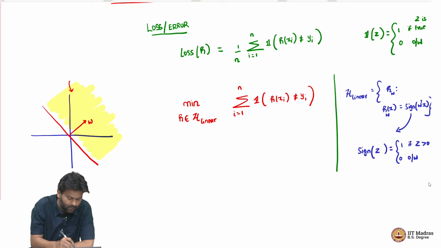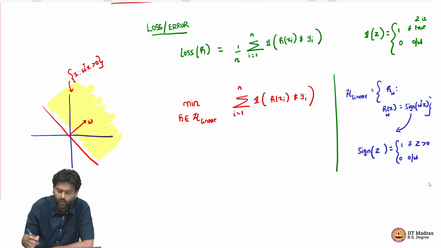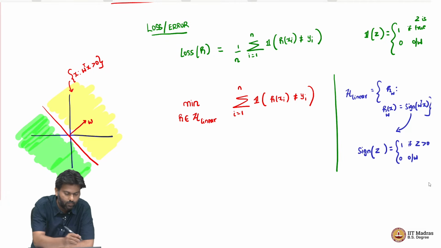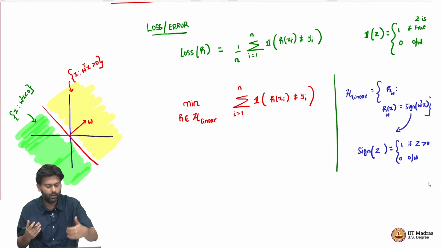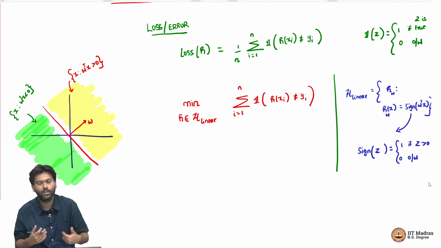This is the set of all x such that w transpose x is greater than 0. And similarly the other side is the set of all x such that w transpose x is less than 0, which we have seen already. Here is where this h will predict negative, and the yellow region is where the h is going to predict positive.